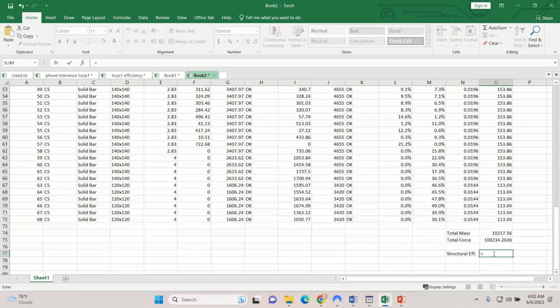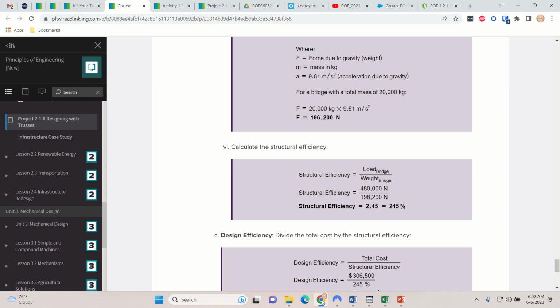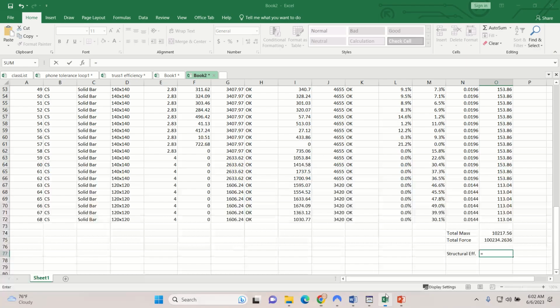It's going to be 480,000 divided by this, and we'll just do that and turn it into a percent.